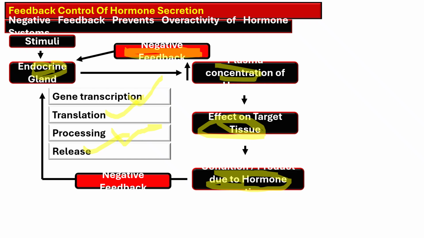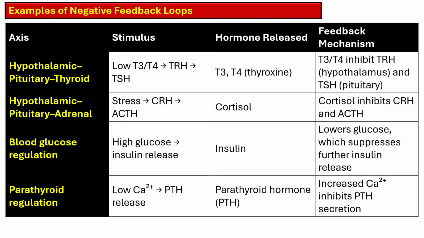So the system stability prevents hormone overproduction, and protects from hyperactivity or exhaustion of the target organs. Here in this table, various examples of negative feedback loops are described.